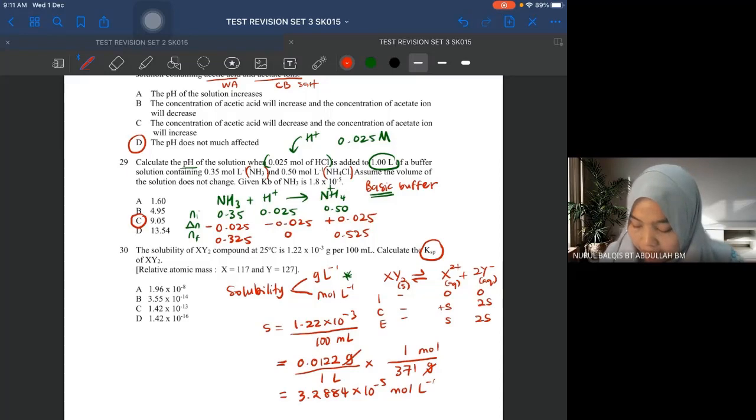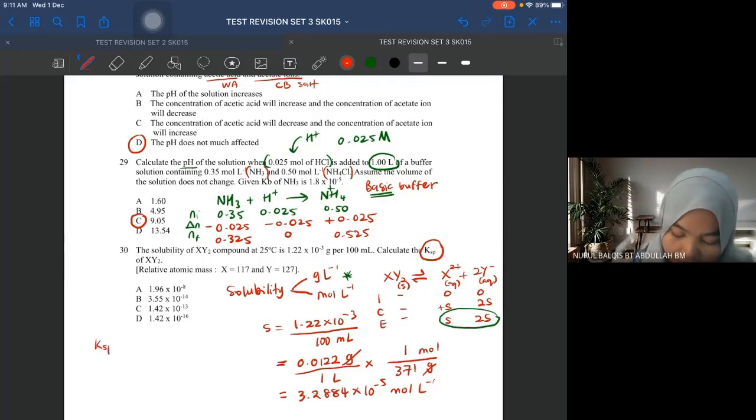So, solubility in terms of mole per liter is also equal to S, which we will substitute into your Ksp expression. So, for your Ksp expression, you need to be careful with this. The Ksp expression must contain X2 plus and also Y minus raised to the power of 2.